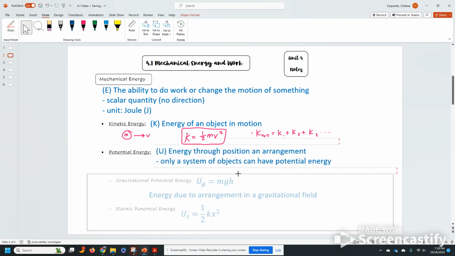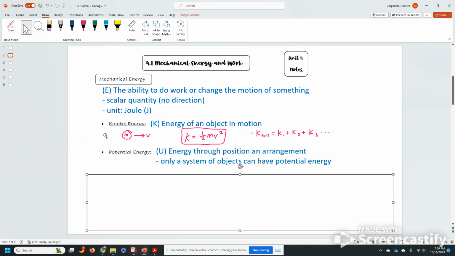All right. Next definition, the other type of energy that we'll talk about today is potential energy. That has a capital U. This is the energy through position and arrangement between two objects.